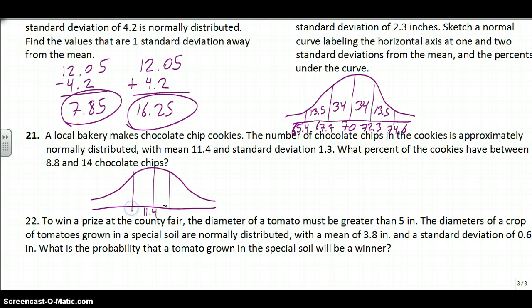So I'm going to basically go ahead and draw the whole curve. Okay. So this will be 12.7. This will be 14. This will be 15.3. All right. We'll go the other way. 11.4 minus 1.3.